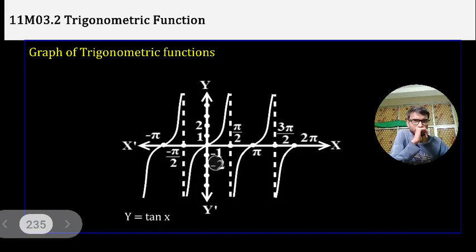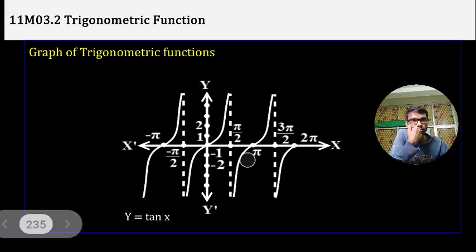If we enter this 0, tan 0 will give us 0, y is 0. And just opposite, at pi upon 2 it will be infinity. If we enter x as 90, then y is going to be infinity.